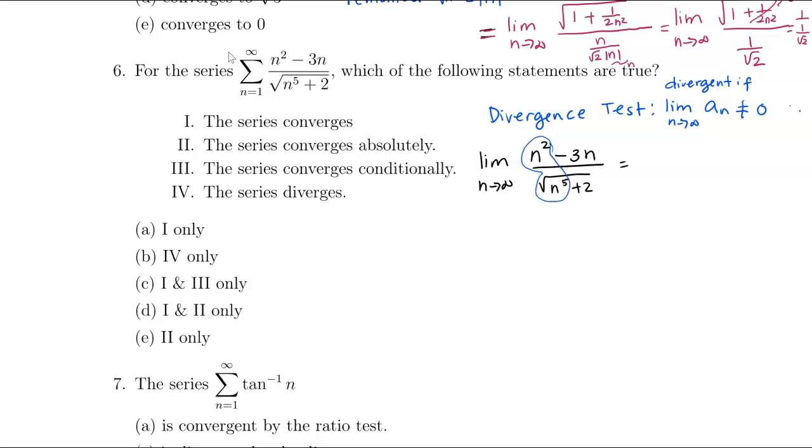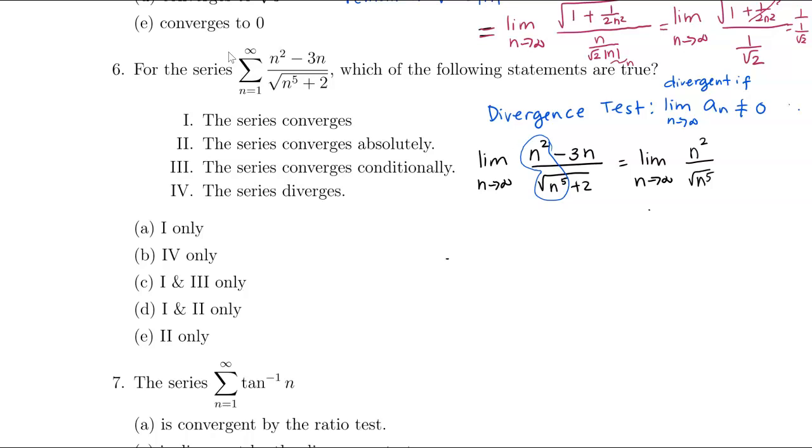This is just a shortcut. If you are not asked to show a solution, you could use this. So the leading term in the numerator is n squared over square root of n to the 5th, and then you simplify that.